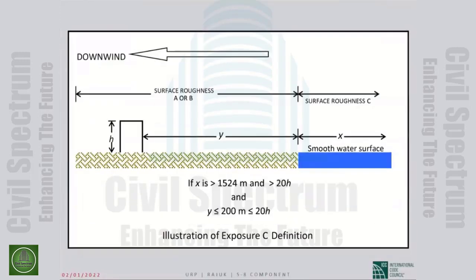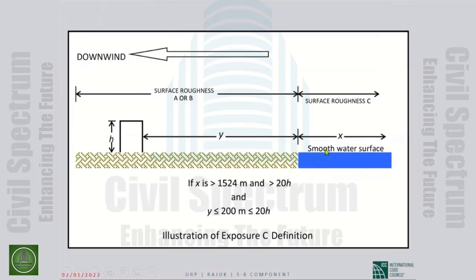And this we have shown in a picture. So first of all, it has to be a large enough body of water. The X distance has to be no smaller than 1524 meters and 20 times the building height.